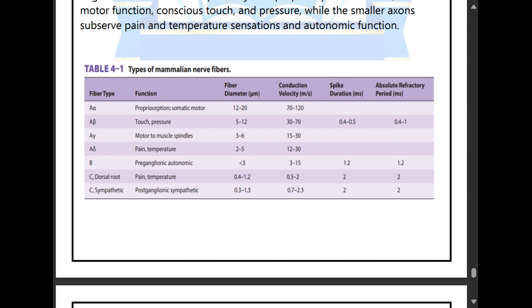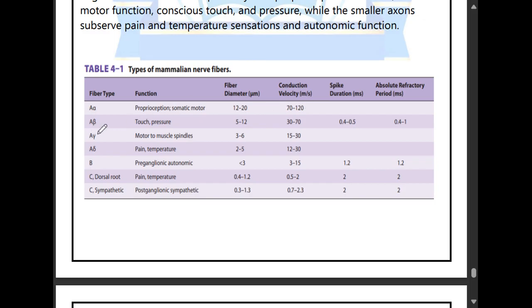When you look at the diameter of the A alpha, it is 12 to 20 micrometer. Then the conduction velocity, I'm sure you can see that it is the highest here. So you can talk about the fiber type and its function, then you also describe its diameter and also the conduction velocity.